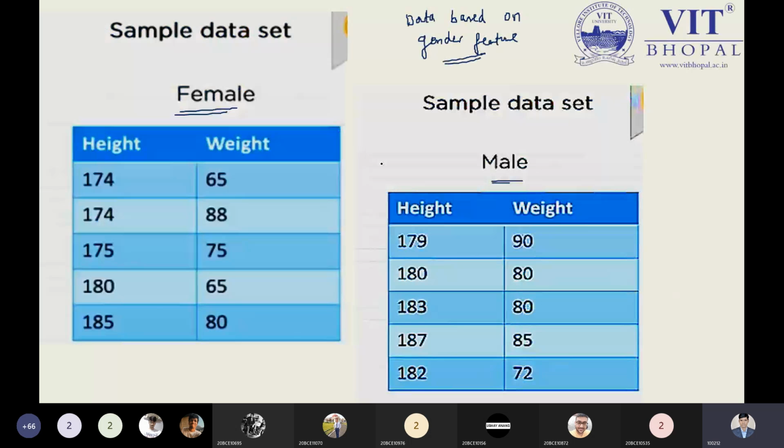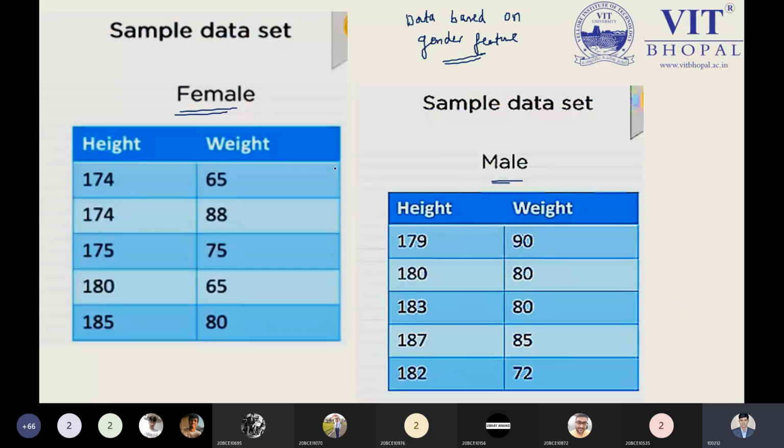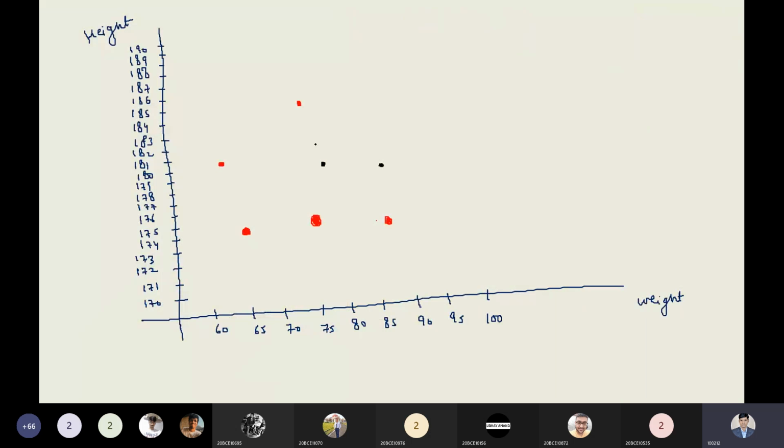Next, 80 and 180. Next is 80 and 83, so 80 here could be like this one.